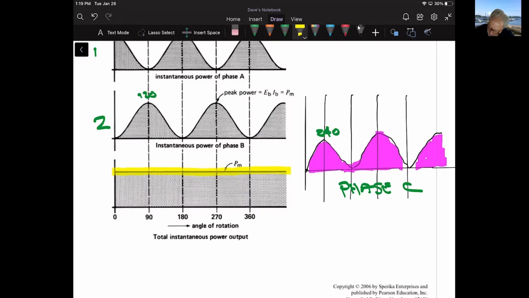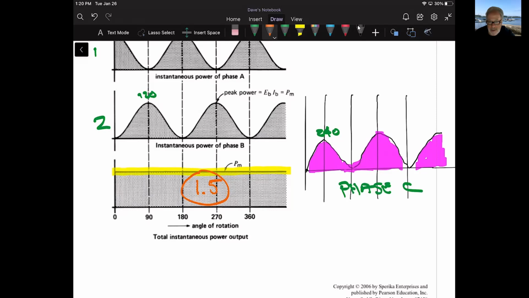But if we look now at three phases of power, the power output is 1.5 times the peak of the two phase. Okay, so it's not a doubling again, but as he says, if we add all the instantaneous powers of all three resistors, we discover that the resulting power is constant, as in the case of the two-phase generator.